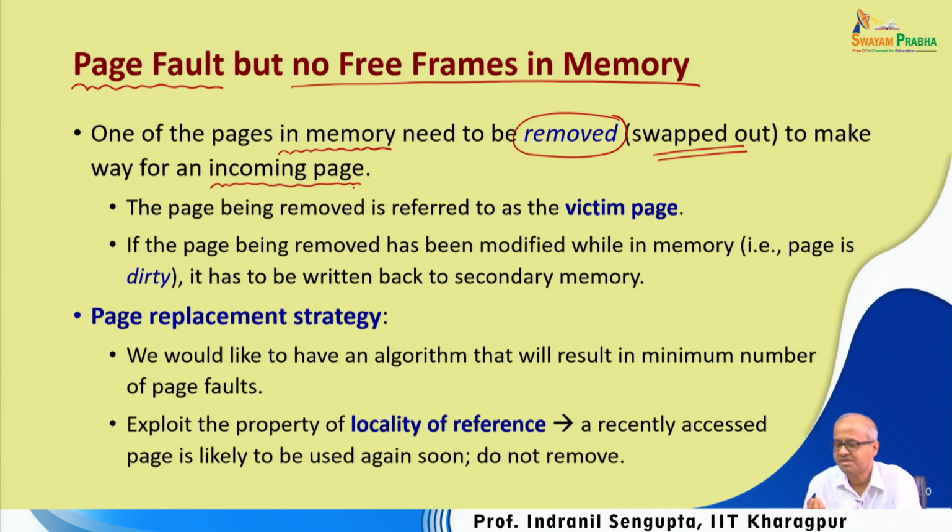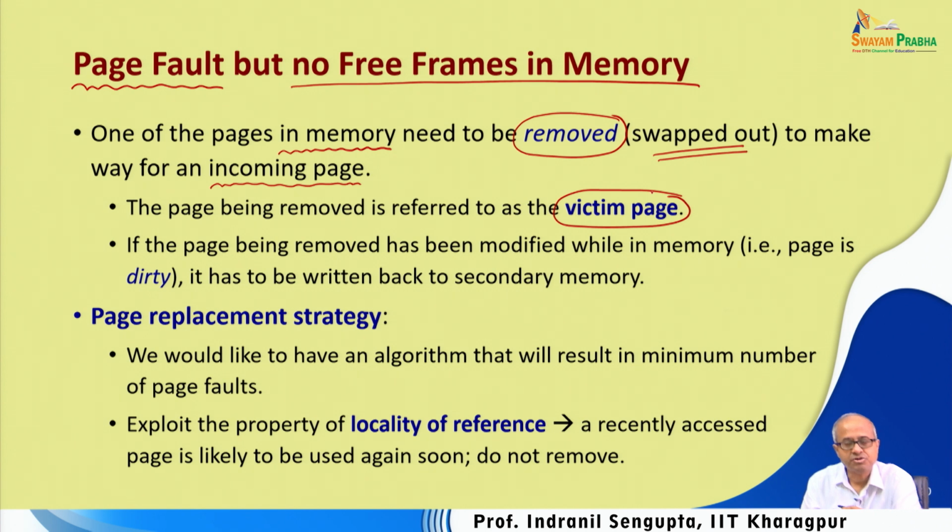Now, this is the terminology which is used. There may be thousands of pages in the memory, out of them one you are removing. That page is referred to as the victim page. Now, selection of the victim page is of course important, because you should not disturb the property of locality when you are replacing a victim page.